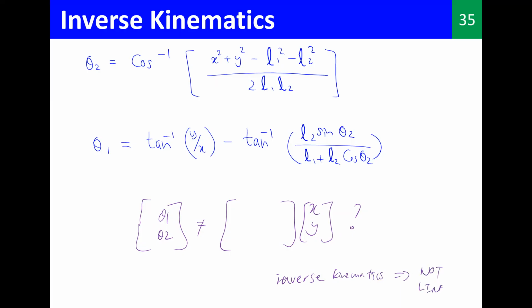These are all non-linear problems that we are dealing with. Okay, so that is about the inverse kinematics.